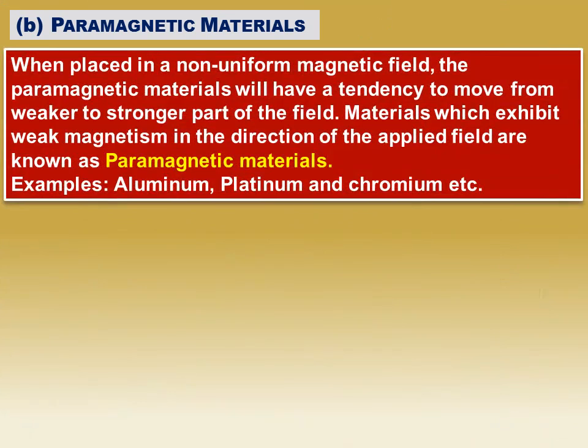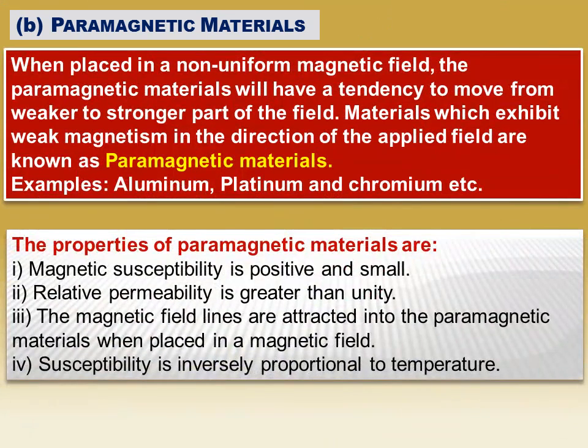Materials which exhibit weak magnetization in the direction of the applied field are known as paramagnetic materials. Some examples of paramagnetic materials are aluminum, platinum, chromium, etc.